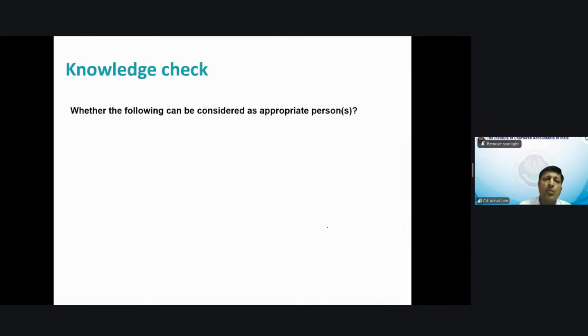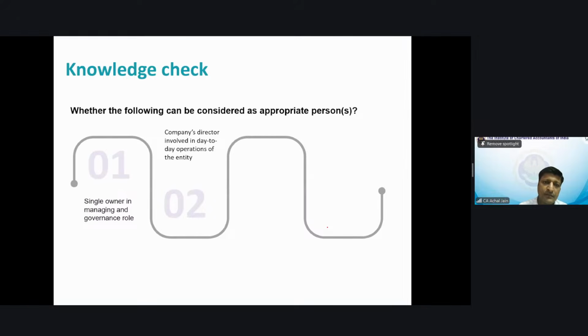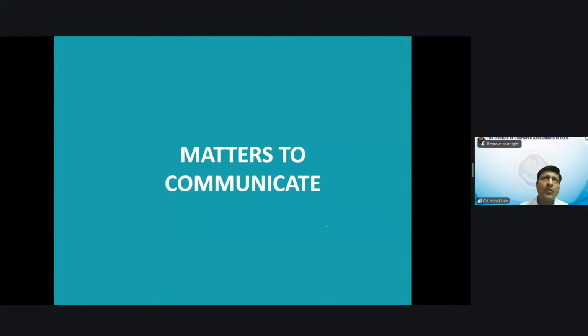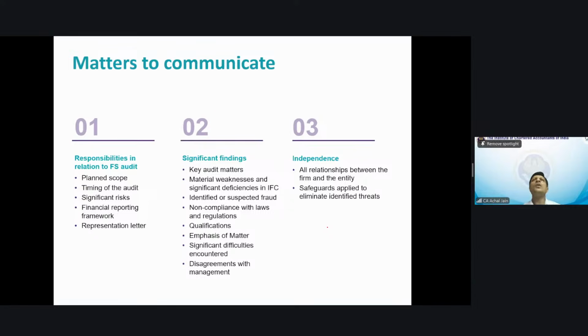So you can say it's the board, it's the audit committee. And again, depending on the structure of the organization, you'll have this TCWG. But when you talk about a company, so that's where you are talking about the board, or you can say the audit committee.